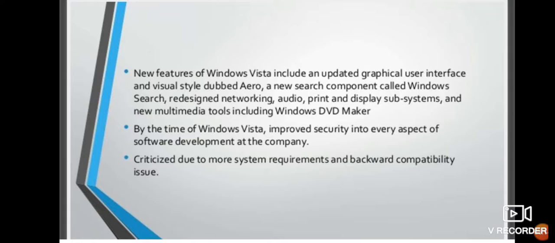New features of Windows Vista included an updated graphical user interface and visual style called Aero, a new search component called Windows Search, a redesigned networking, audio, print and display subsystem, and new multimedia tools including Windows DVD Maker. Windows Vista improved security in various aspects of software development at the company, but was criticized due to higher system requirements and backward compatibility issues. With these issues, Windows Vista did not become very popular and was not used that much.